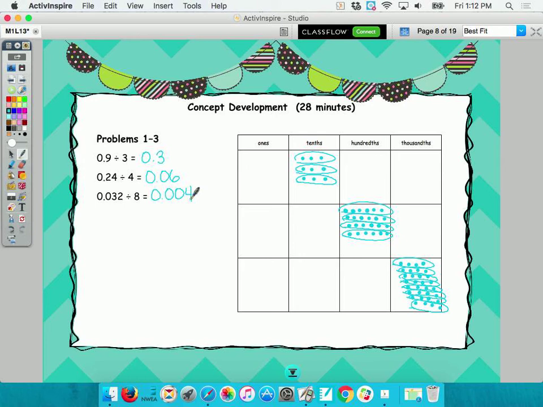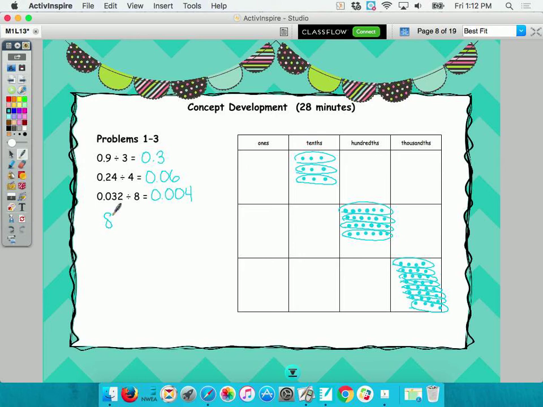I never divide. Just think about it for a minute. I have memorized division facts, but I never divide in my head. Here's what I do in my head. Let's take this fact right here.